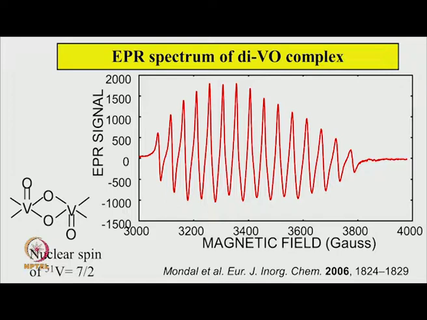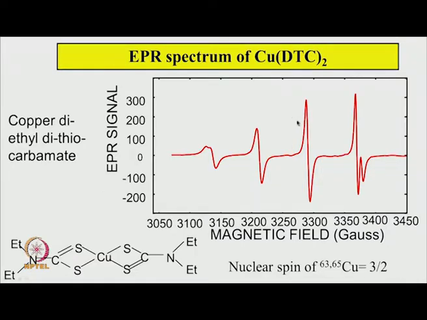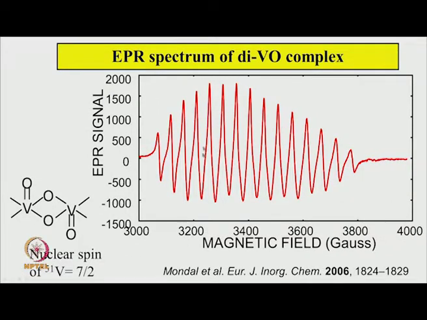So, we see that again the widths are not the same. Unlike the copper complex, where the width increased gradually from right to left, here the narrow lines are in the middle and broad lines are at the two sides. Lines are broader here and also here. We will not try to understand the origin of this right now, we will postpone it to some other lecture, but right now we will see if the intensities are the same or not.